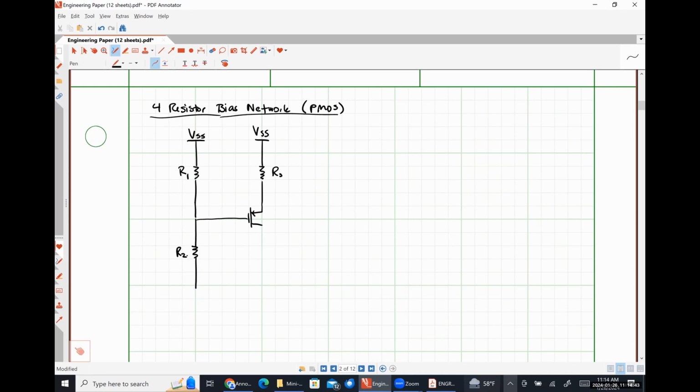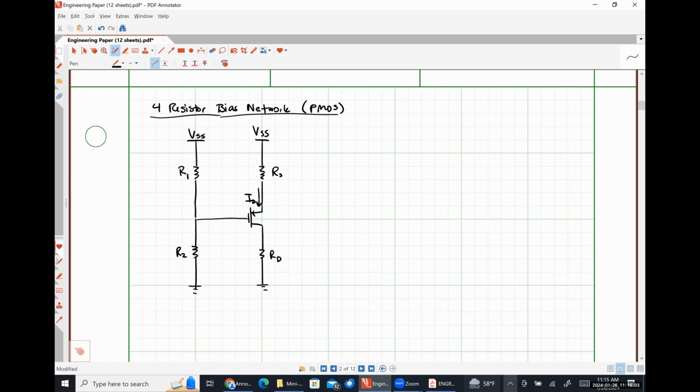Here's R2. Here's our resistor RD. And then our drain current is flowing down through the device exactly like we had it.